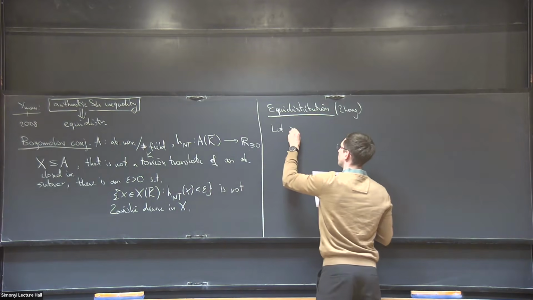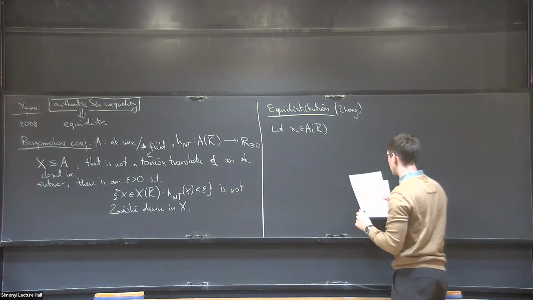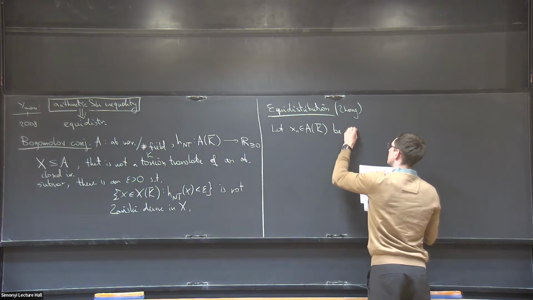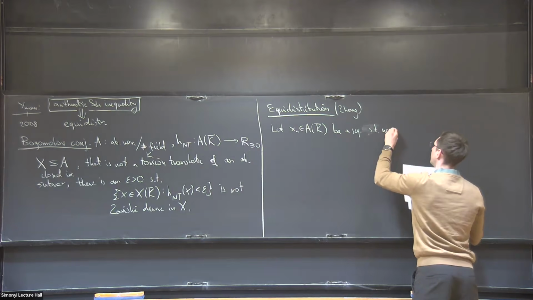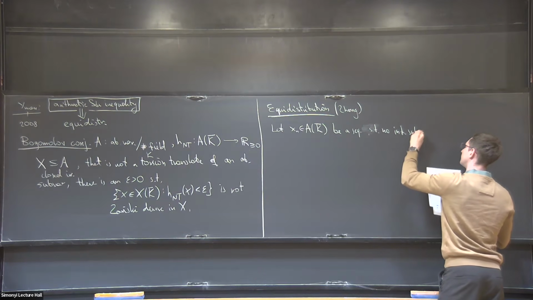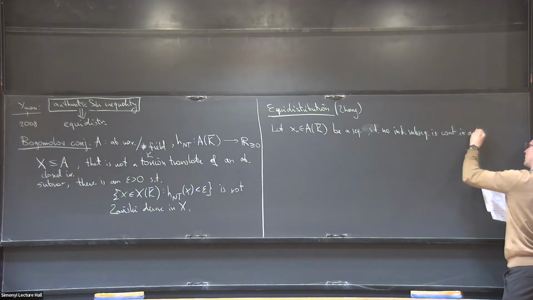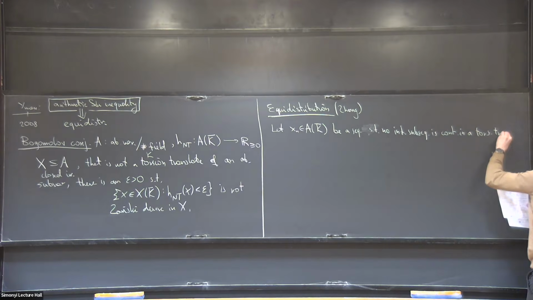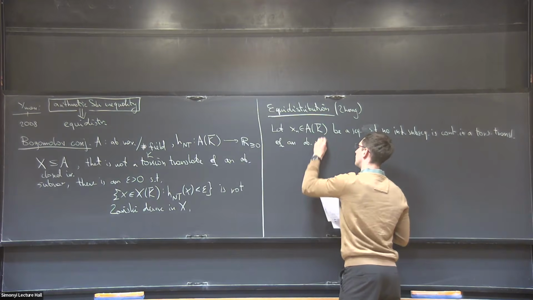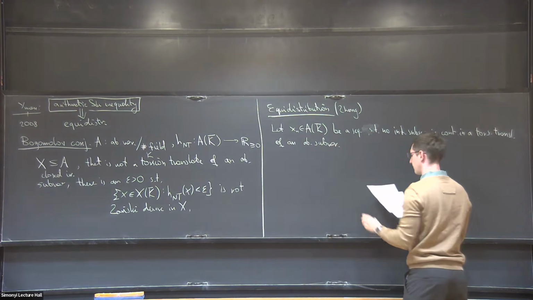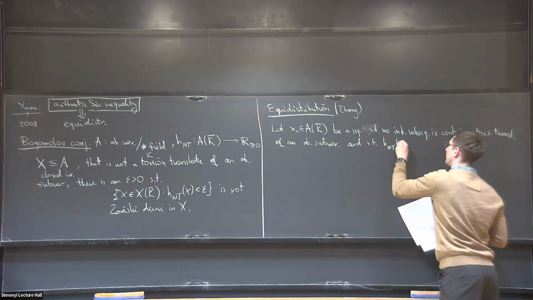So if we have x_n a sequence, let's stick to the number field case, so in the assumptions from the Bogomolov conjecture, let x_n be a sequence such that no infinite subsequence is contained in a torsion translate of an abelian subvariety, and such that the Néron-Tate height of x_n goes to 0.